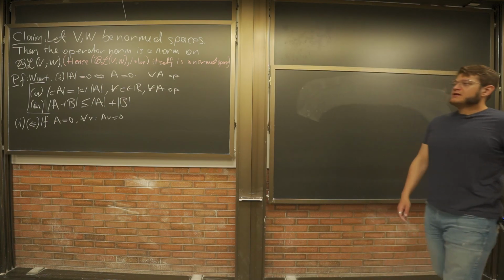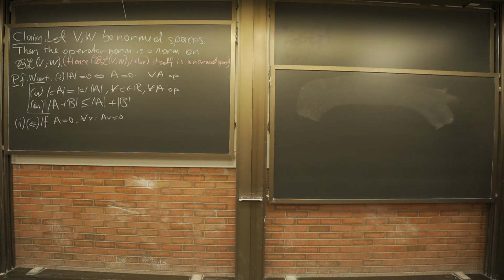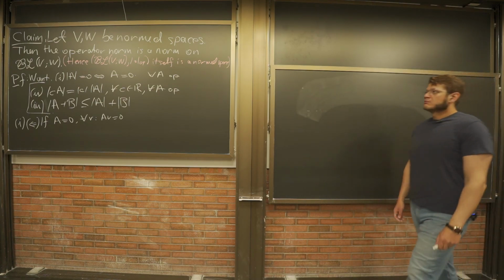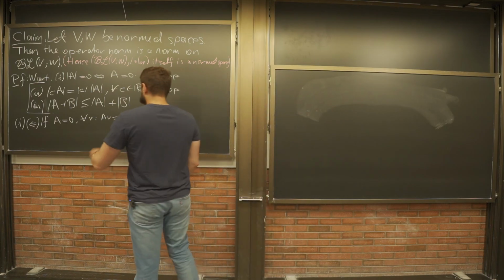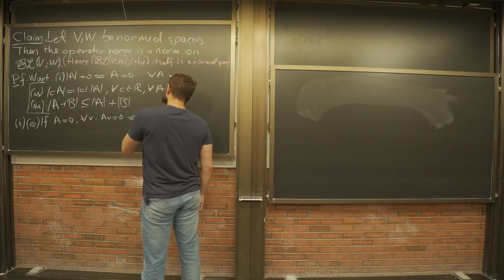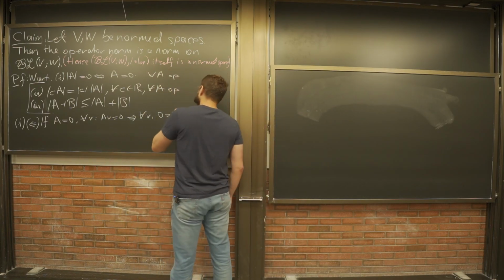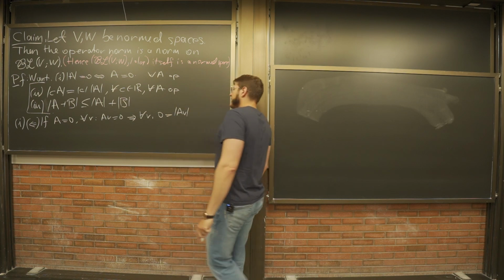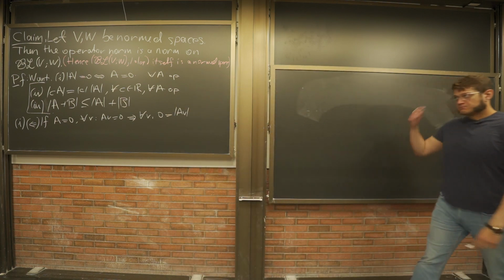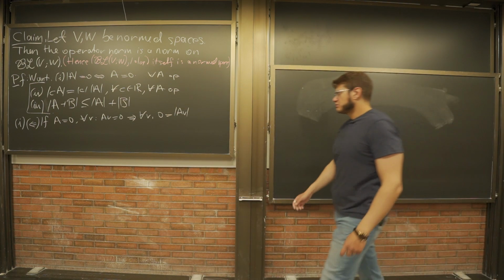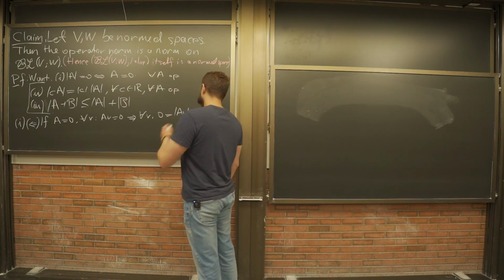Now A applied to V is a vector in W, and I know that W is a normed space, which means that for any V, 0 is also the norm of A times V.